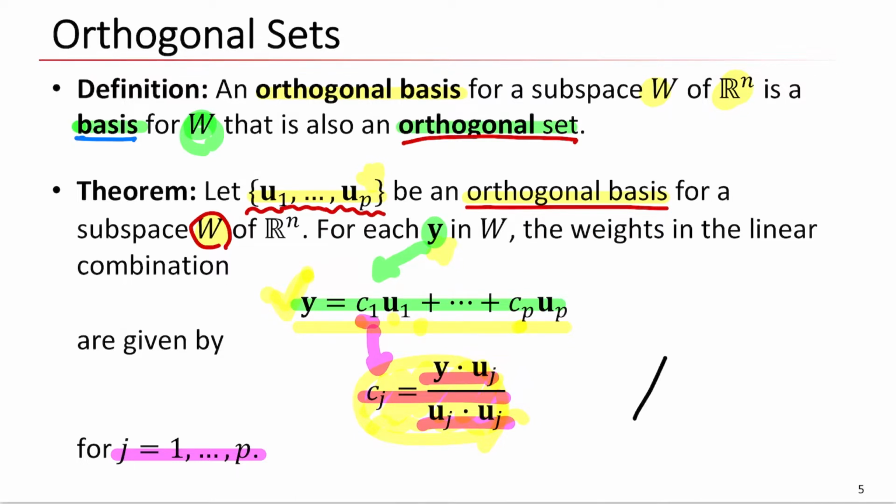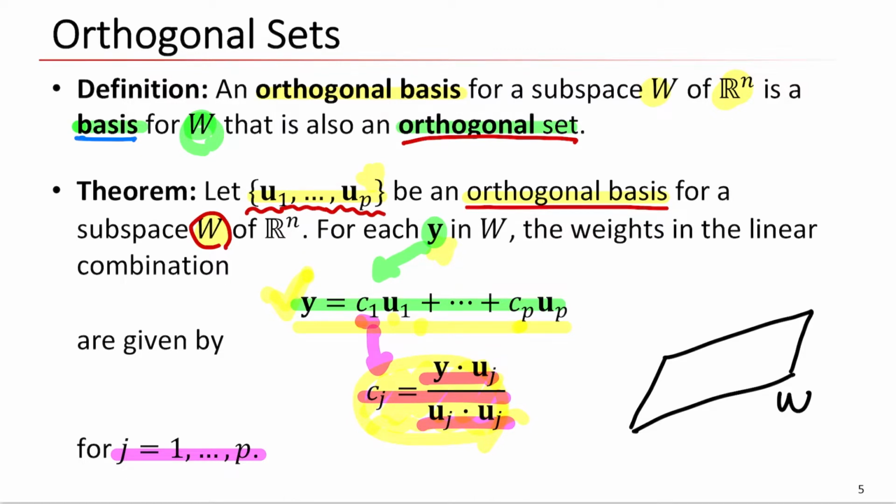So this is the subspace W, and there is an orthogonal set, let's say u1 through up.